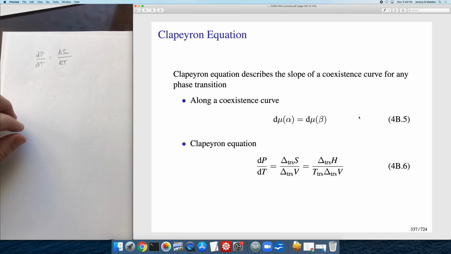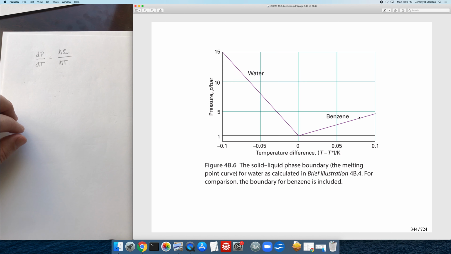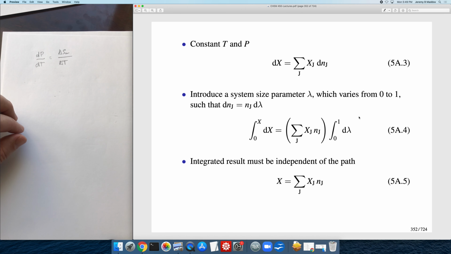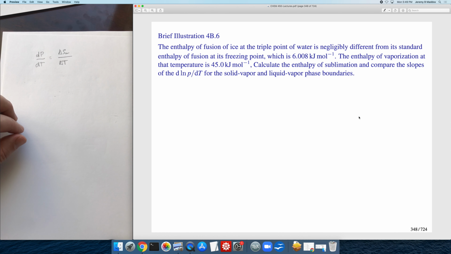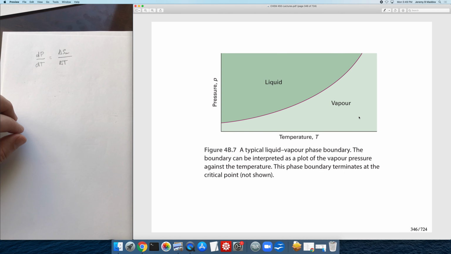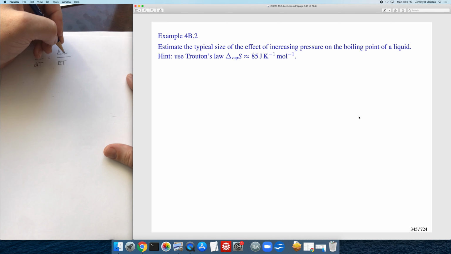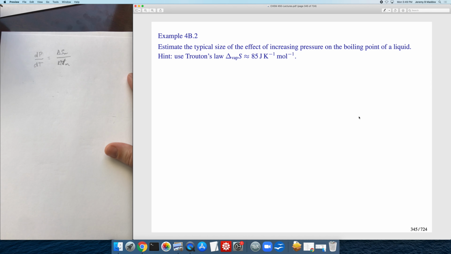No, it's the Clapeyron equation, so I've been saying it correctly, I believe. Oh, too far. Here we are. Not dT, dP over dT. Okay, so we're to use Trouton's law to estimate the delta S, so we'll take that to be 85.